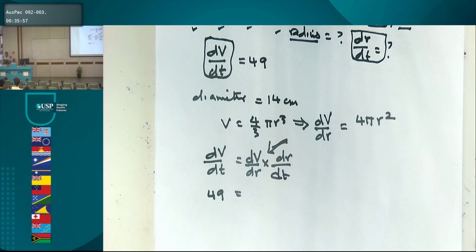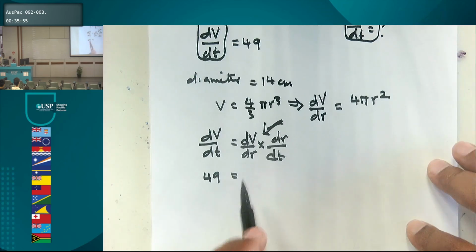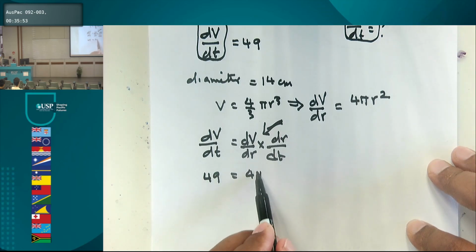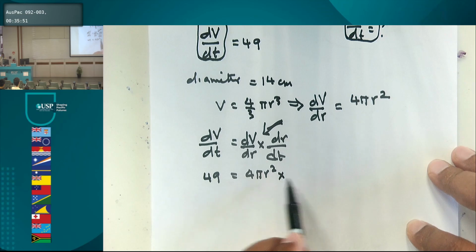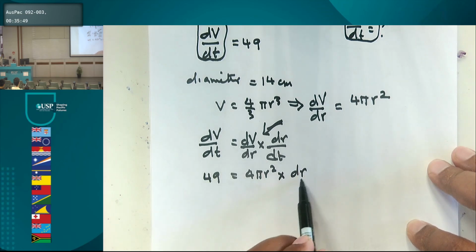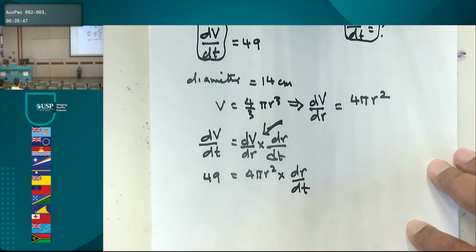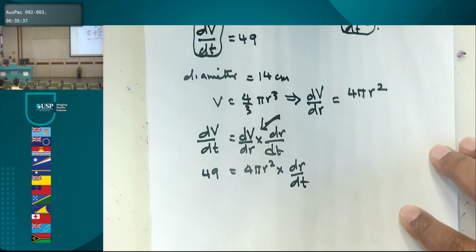So now that I know dV over dr, times dr over dt, which is the unknown. For me to find dr over dt, I'll move all of these to the left. Definitely we'll have to divide.